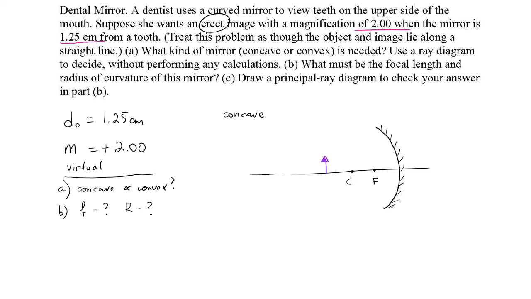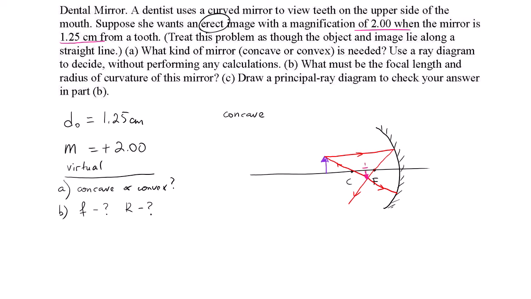Let's do the parallel ray, which will hit the mirror and reflect back through the focal point. And then we have a central ray which will hit the mirror and come back. So then we have an image that is formed right here where the 2 reflected rays meet.